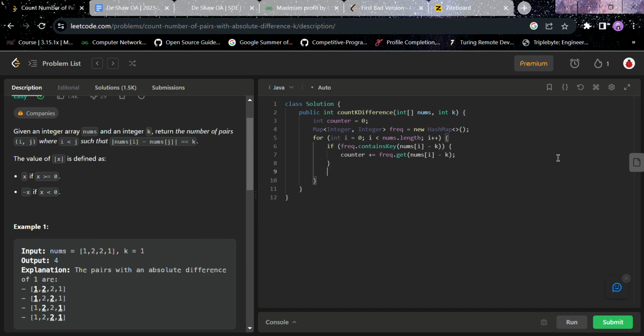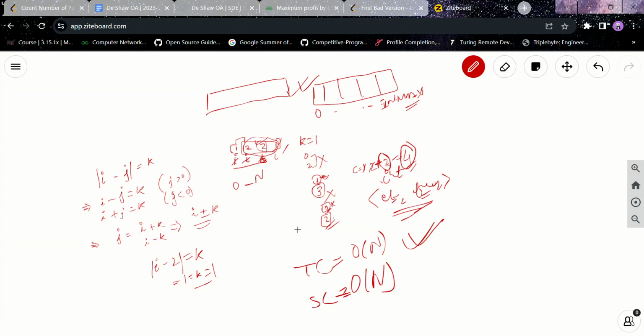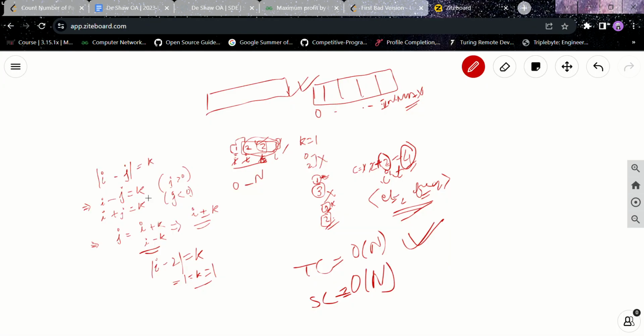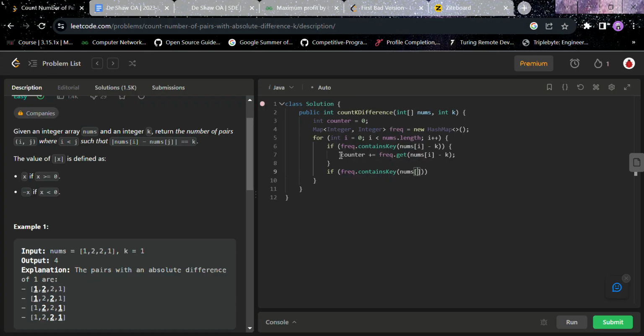And one more condition: if frequency contains nums of i plus k, again we will increment our counter.